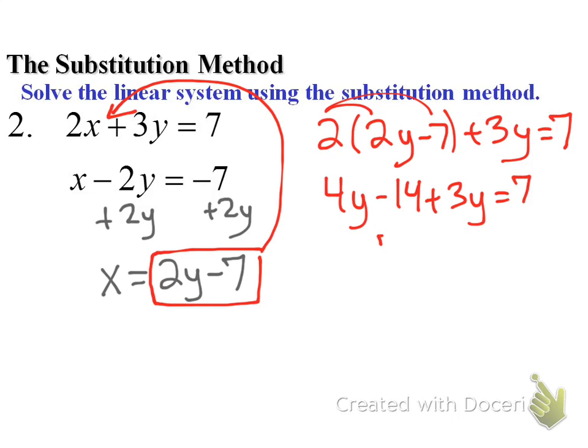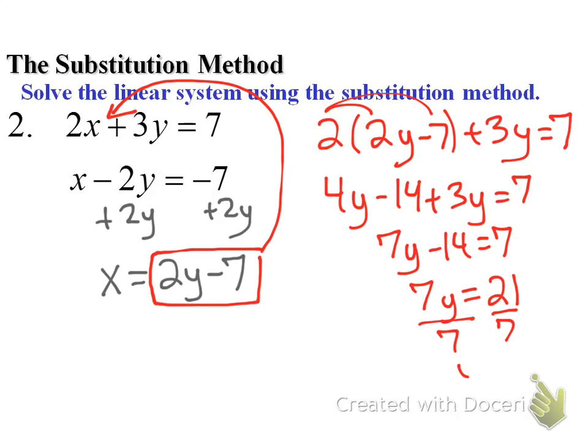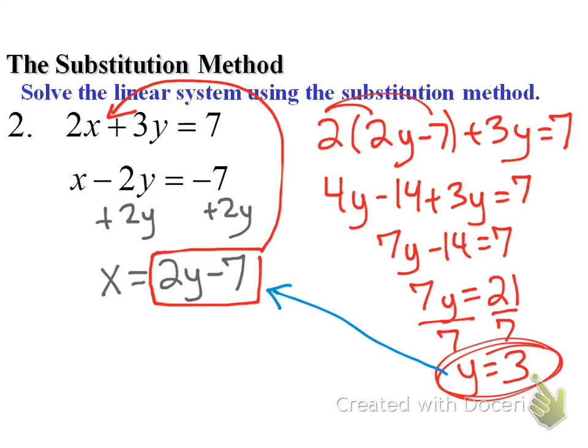So 7y. When you add 14 to both sides, you get 21. y is going to be 3. Once you know that y is 3, what do you do with it? Plug it back in. The easiest place to plug it in is right here, because x is already by itself. So it's going to be 6 minus 7.